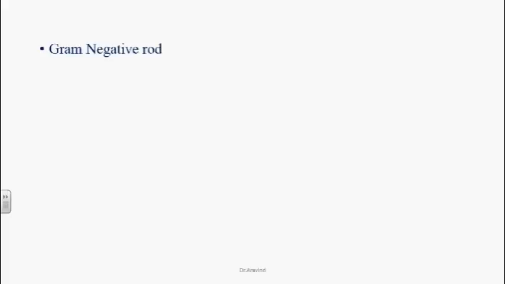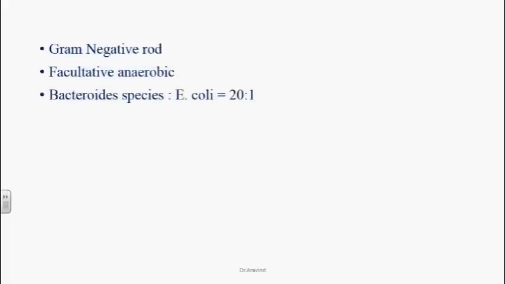These are gram-negative rods, facultative anaerobes, and when compared with the Bacteroides species in the GI tract, E. coli is outnumbered roughly 20:1. That means Bacteroides species are more abundant in the human GI tract when compared to E. coli.